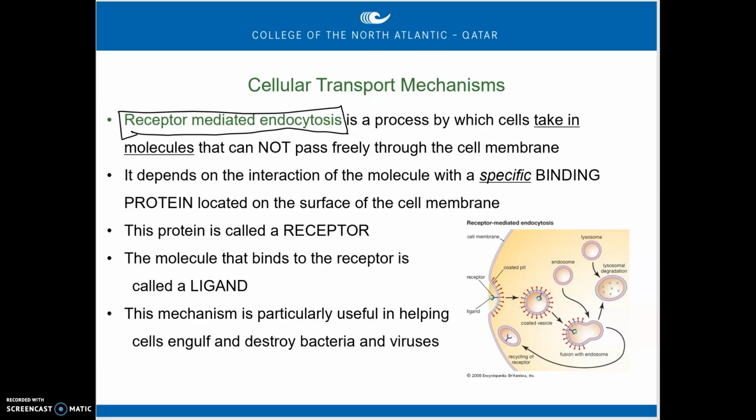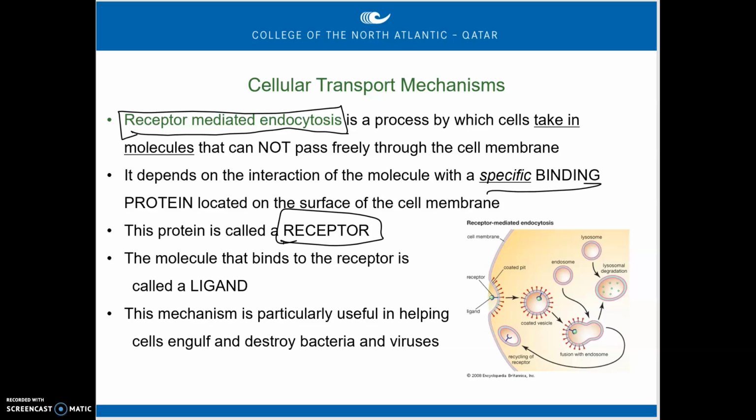This involves special molecules on the outside of the cell that are used to trap molecules that the cell is looking for. They're generally proteins, so they could be called a binding protein, or we can call them a receptor.